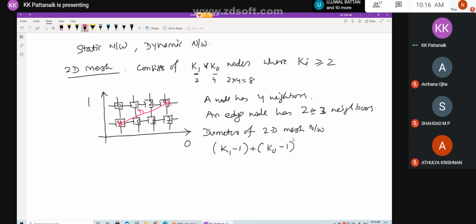Okay, so that is D. Along one dimension, how many nodes are there? K1 is equal to 2, so 2 minus 1 plus, along dimension 0, 4 minus 1, which comes to 1 plus 3, it is 4. So the network diameter for a 2D mesh network is 4.